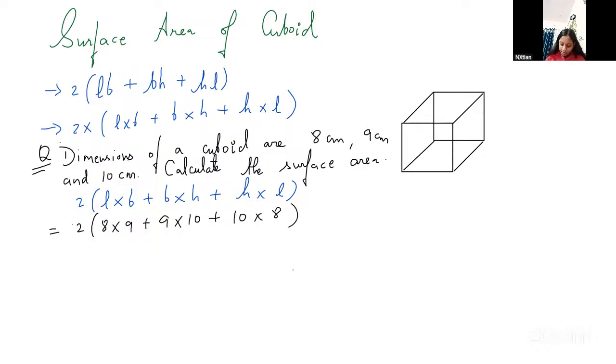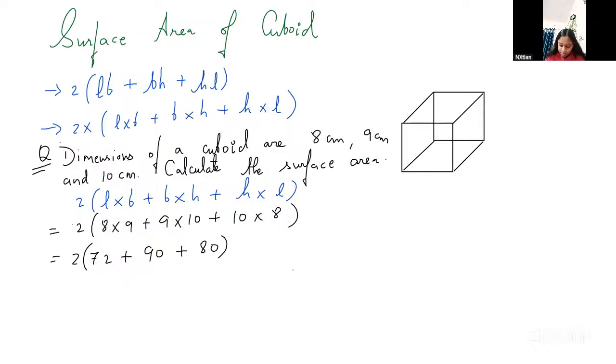Okay, multiply. 9 8s are 72 plus 10 9s are 90 plus 10 8s are 80.